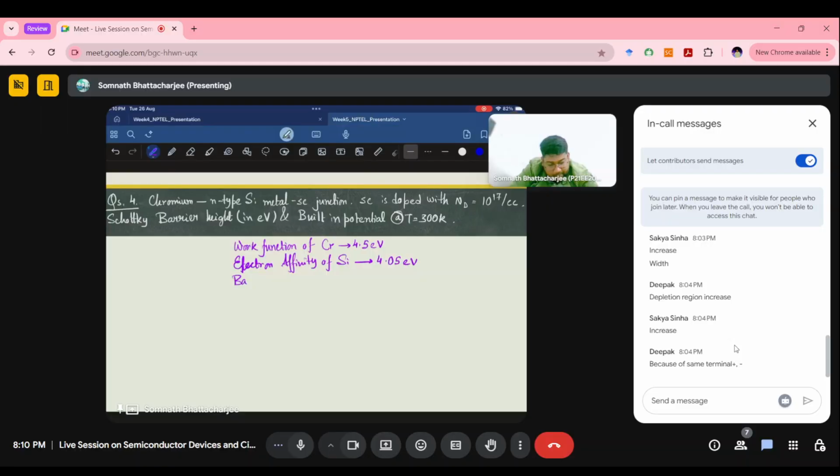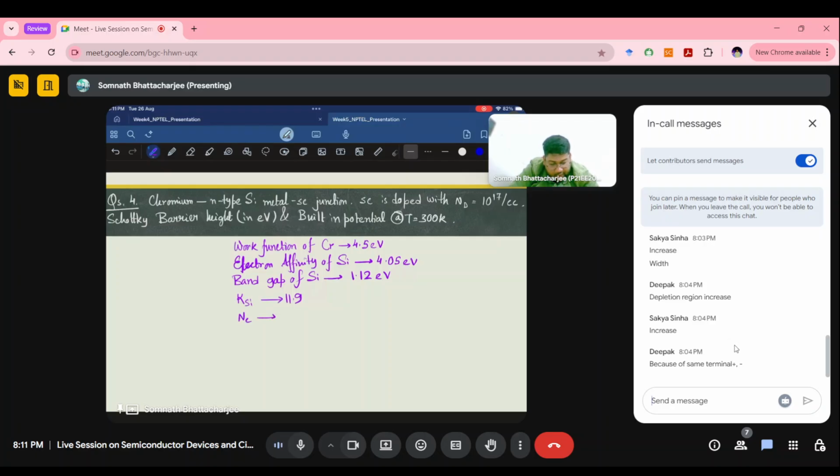The band gap of silicon is 1.12 eV. The relative permittivity of silicon is 11.9.